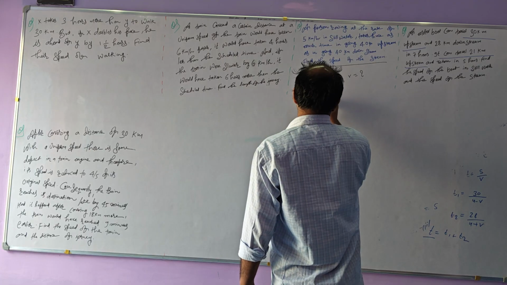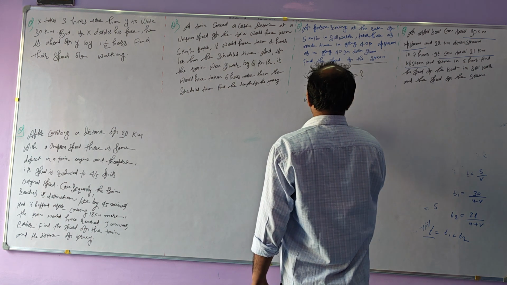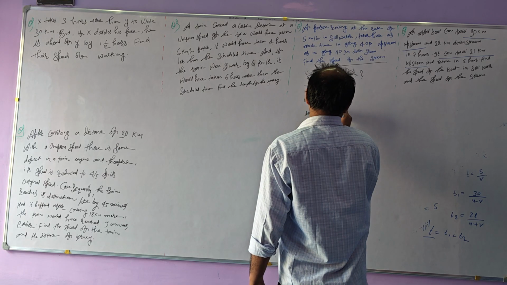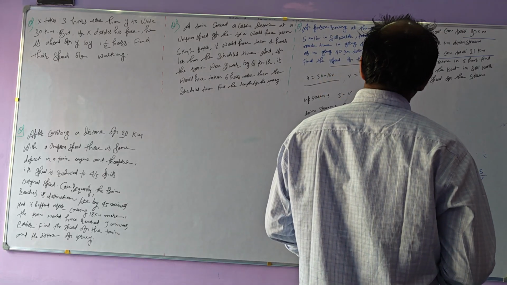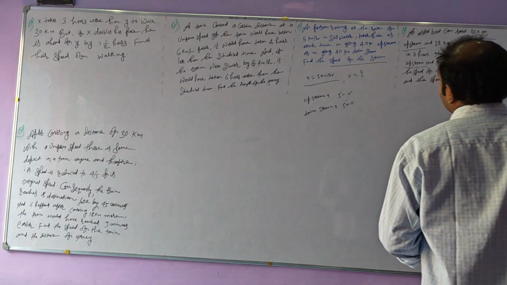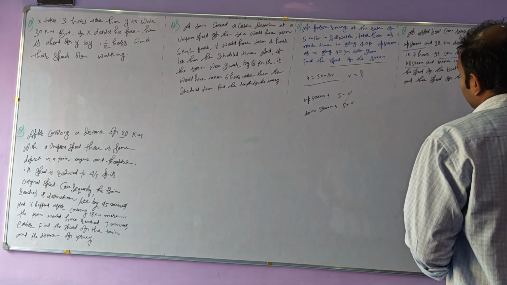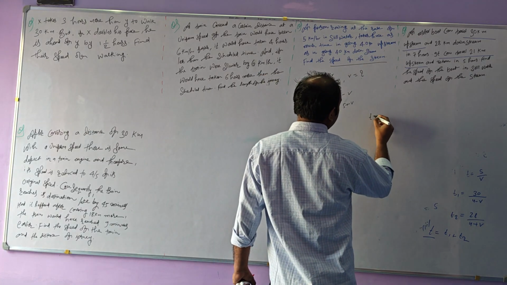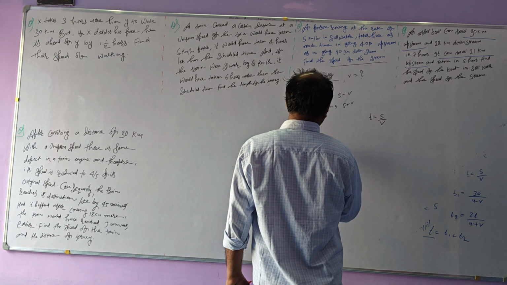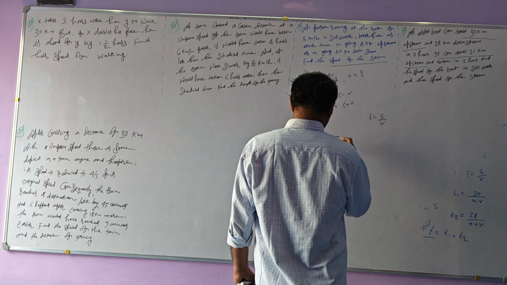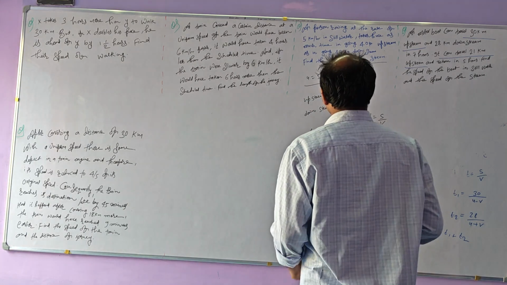Then upstream becomes 5 minus v, and downstream becomes 5 plus v.